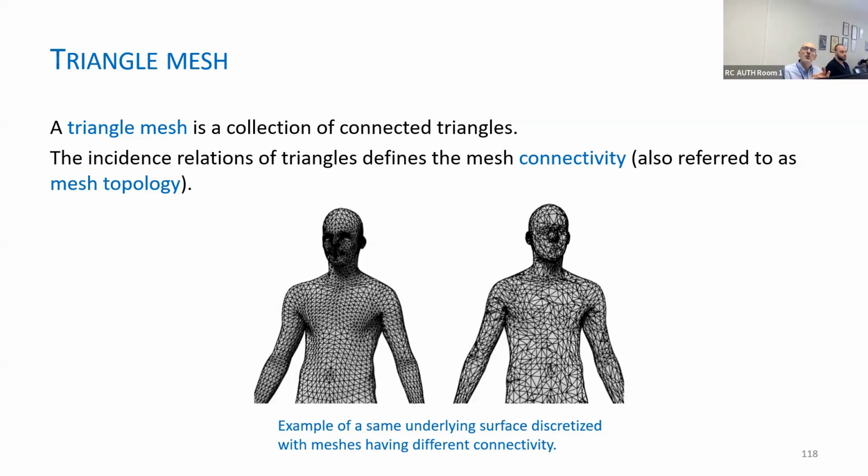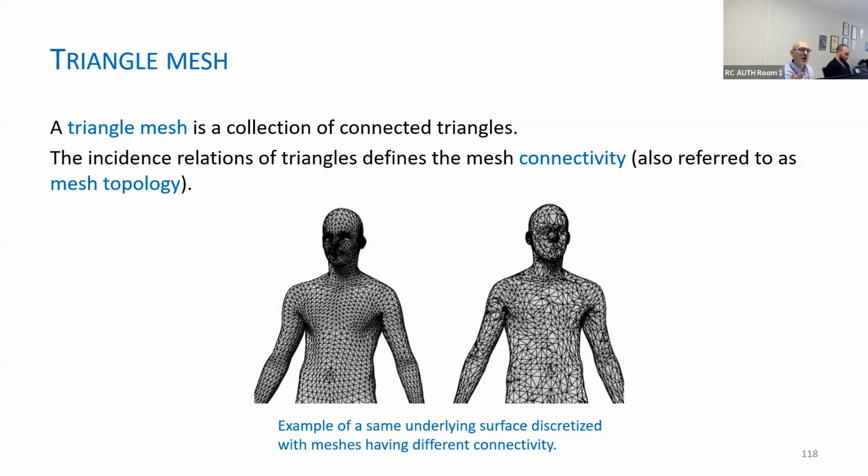And so we can basically identify two things in this mesh. We have the geometry, which is the position of the vertices in the 3D space, and the topology, which is the way the vertices are connected to each other. And so here you can see two surfaces that are very similar or almost the same, that have been triangulated in different ways.